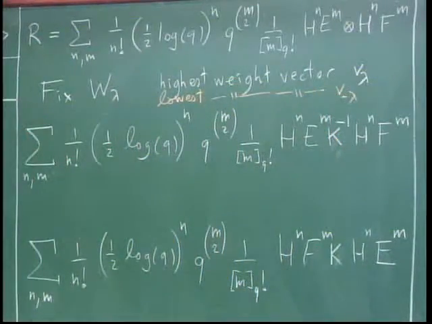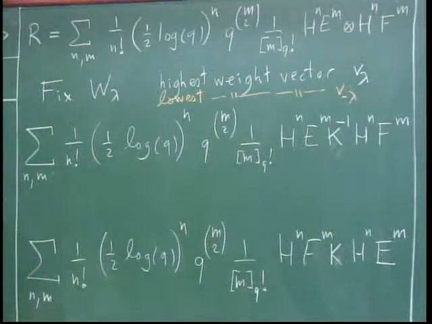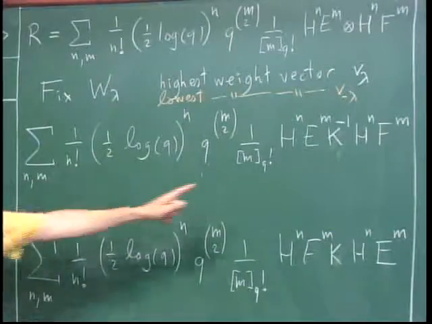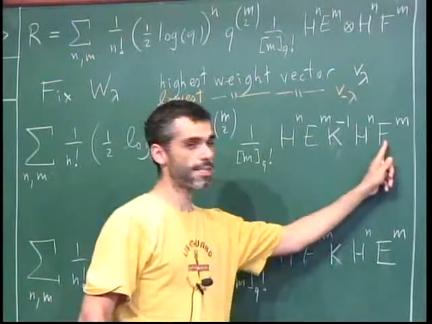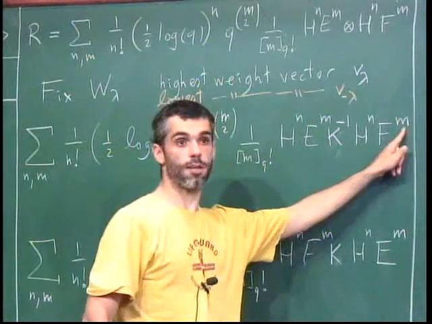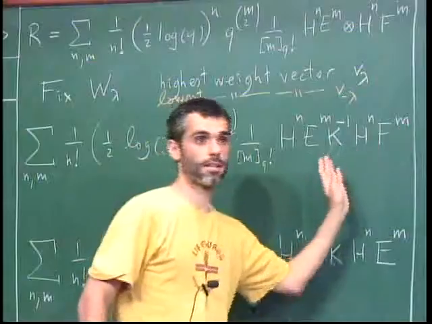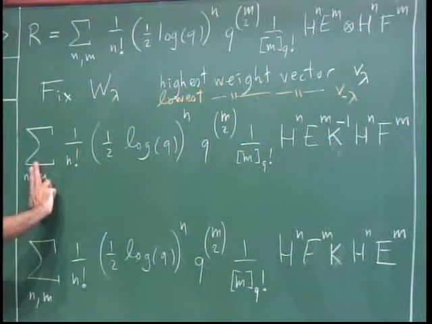So if I take a random vector and I try to apply this expression to it, it's very difficult. But if my vector happens to be a lowest weight vector, if I let it act on this guy, here I start with an f. And so whenever m is positive, it kills it. And that automatically gets rid of one of the summations.